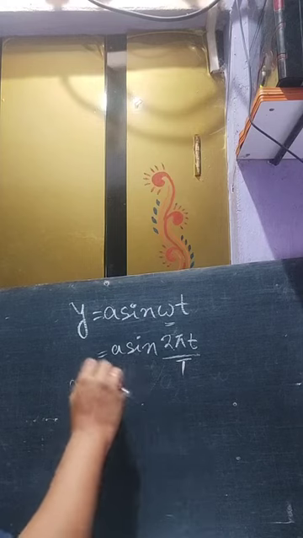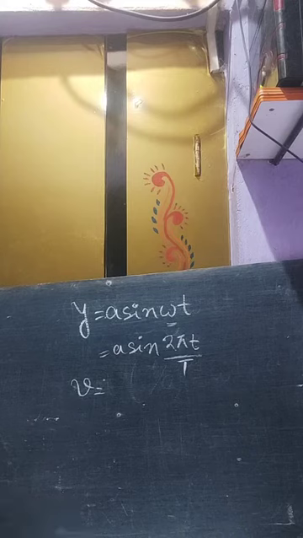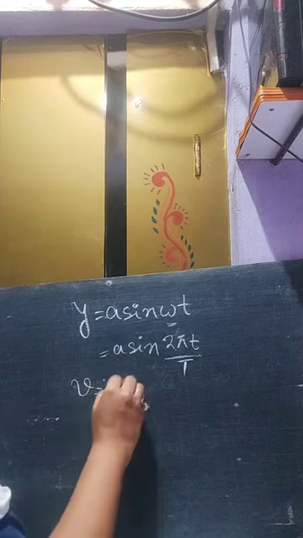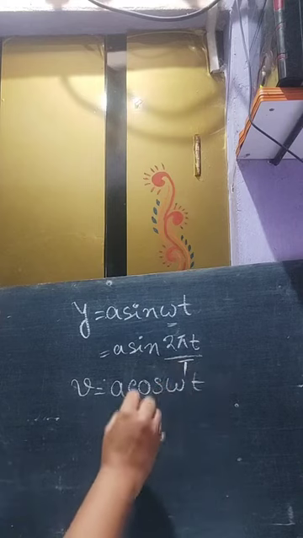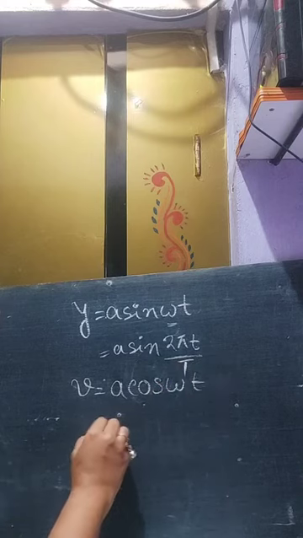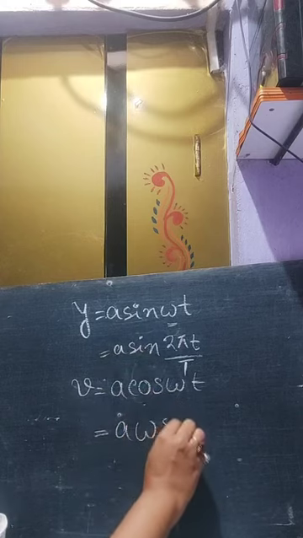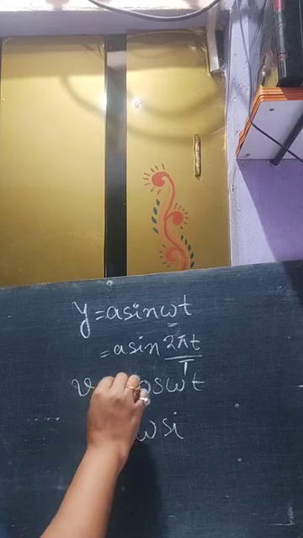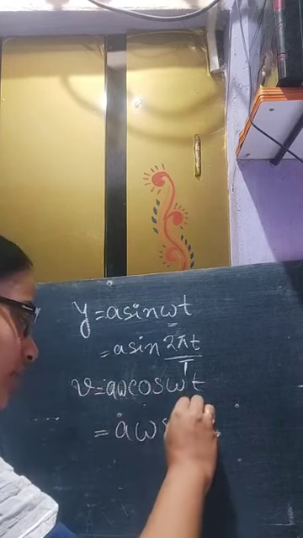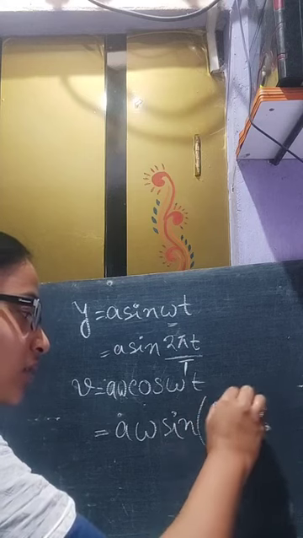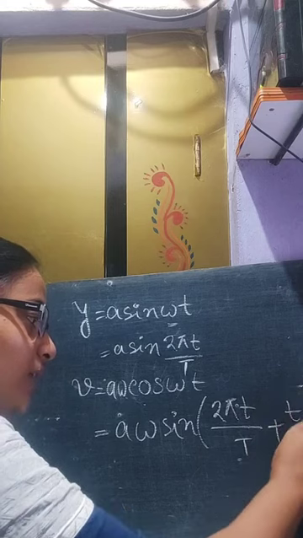V will be dy/dt, and if we do the differentiation, that will be a omega cos omega t, that is a omega sin(2 pi t by T plus T by 2).